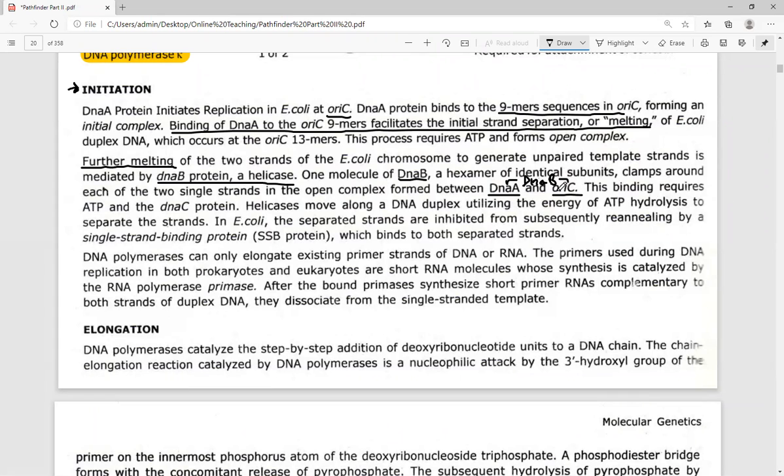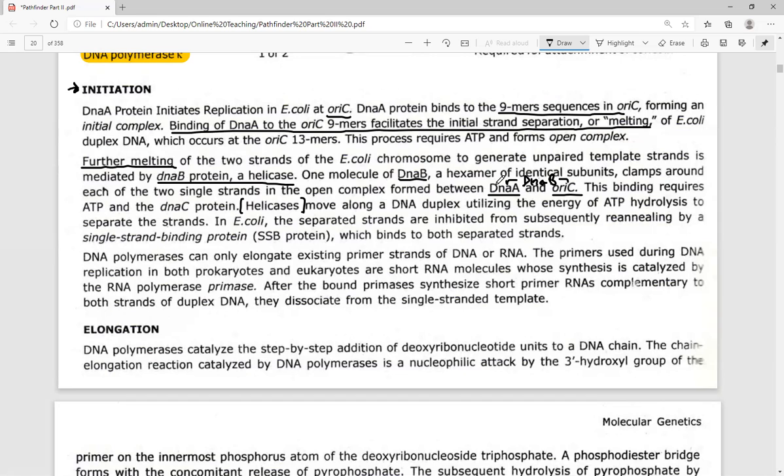The binding requires ATP and DnaC protein. Helicase moves along a double-stranded DNA molecule utilizing the energy of ATP hydrolysis to separate the strands. Both DnaA and DnaB were referred to as helicase.